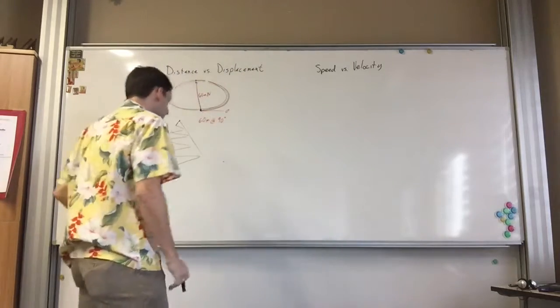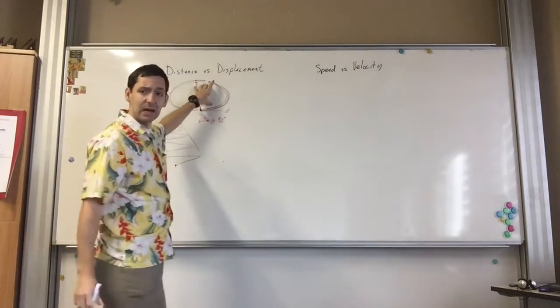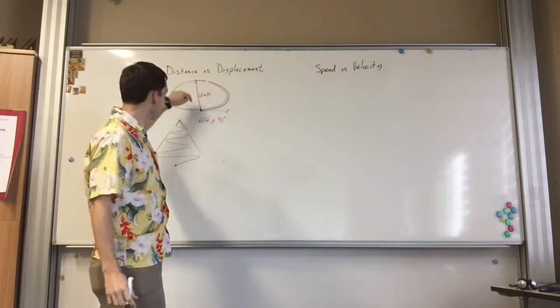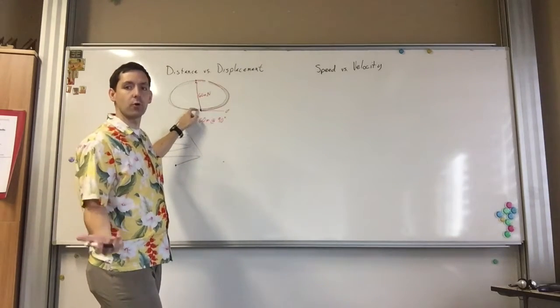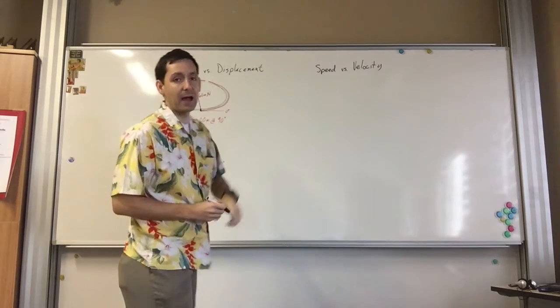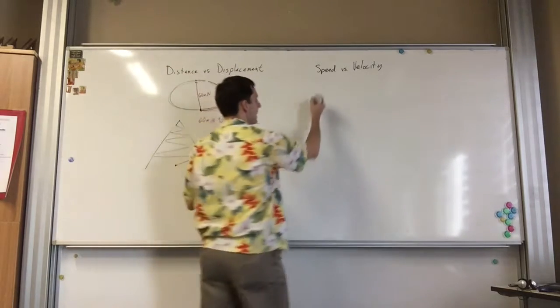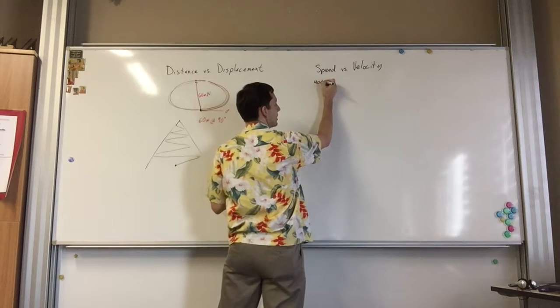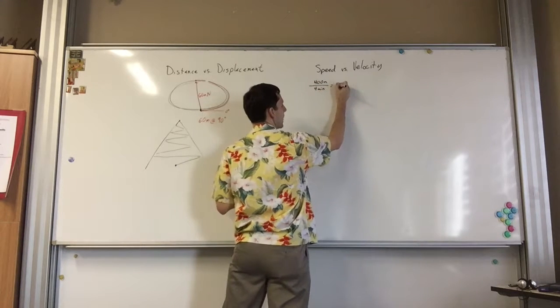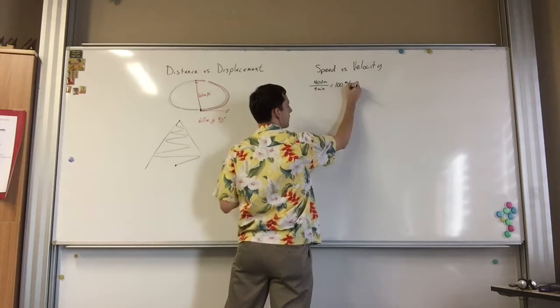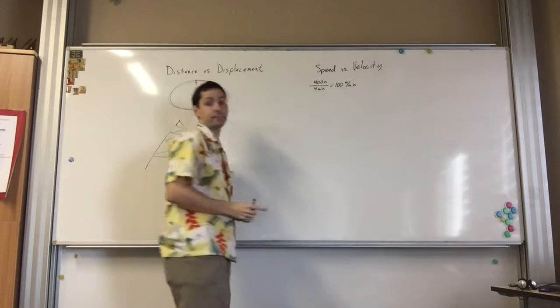Velocity will also have a direction, being a vector. And so, going back to my track, if I were to run around my track in 4 minutes, we said it was 400 meters, then I could find my speed by taking that 400 meters and dividing by 4 minutes, which would give me 100 meters per minute, which, yes, is really slow, but deal with it.